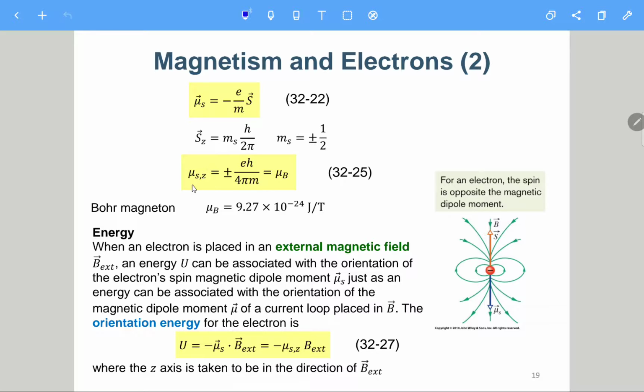So this is the mu s, the magnetic dipole moment on the z-axis, which is this one. So e, h, pi, m, 4 all are constants, so this is nothing but a constant. And this constant, we call it the Bohr magneton, which is like the unit of the magnetic dipole moment.